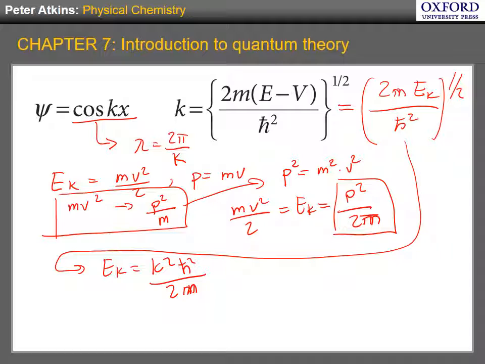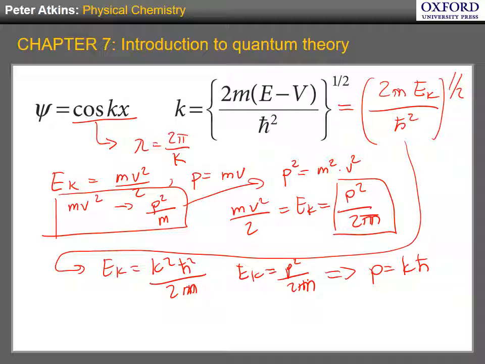And now, because we know that kinetic energy is p squared divided by 2m, from here it naturally follows that momentum is k times h bar.